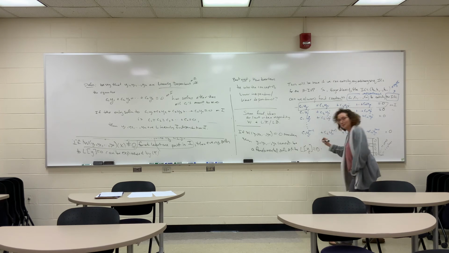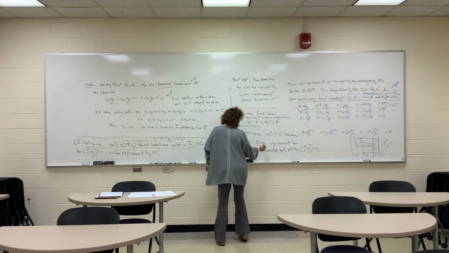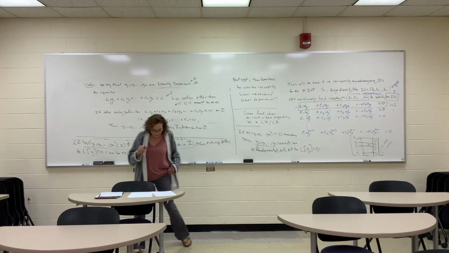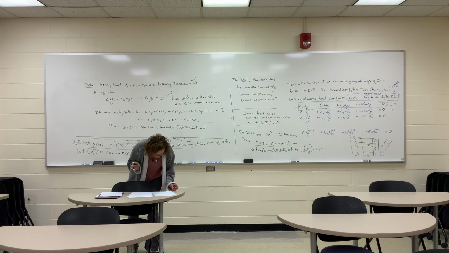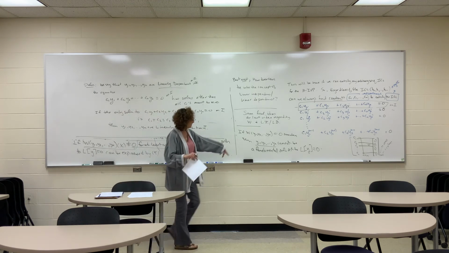That's a lot simpler than saying all that other stuff, right? So if the Wronskian is 0, you know you don't have a fundamental solution set, okay? And that's pretty cool. And if you do have a fundamental solution set, then the Wronskian is never 0.